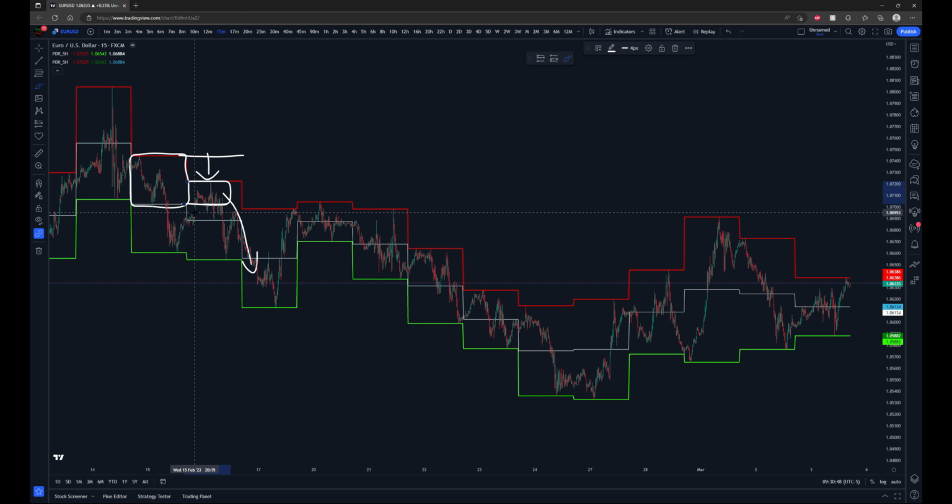If you have a rule that you are not allowed to enter unless price is in this range between the previous day's midline and the previous day's high, you can make sure that you're getting in at a discount and not entering too early or at a bad price in the context of a downtrend.